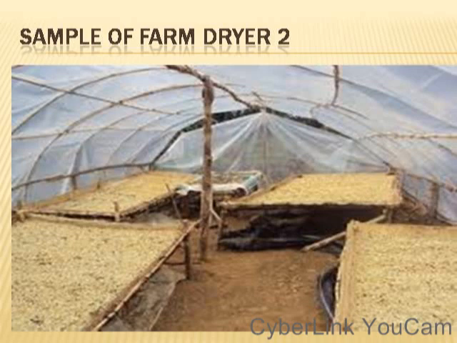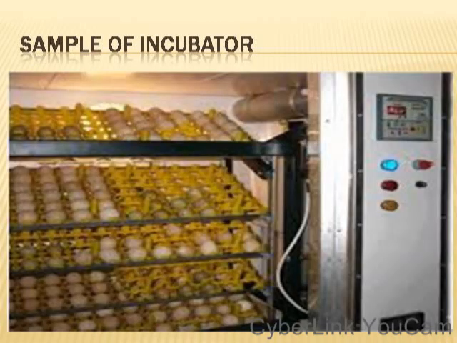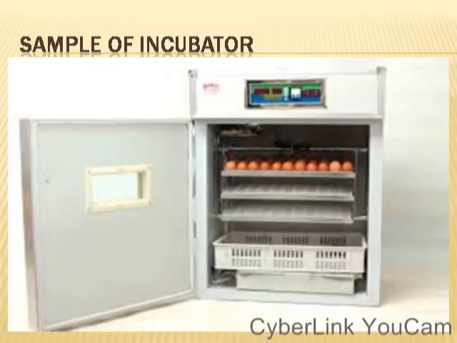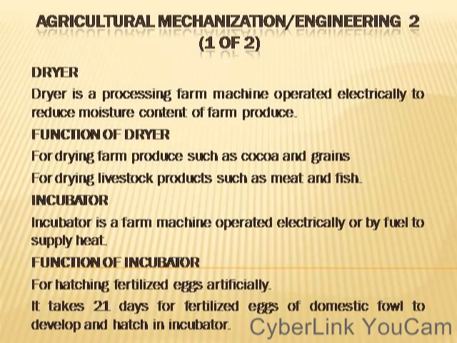As for the incubator, this is a sample of an incubator. The incubator is used for the hatching of eggs, but the egg must be a fertilized egg, so it is used for the hatching of eggs artificially. Another sample is this. I hope you can see the eggs inside. Okay, now let's go to the lesson properly.